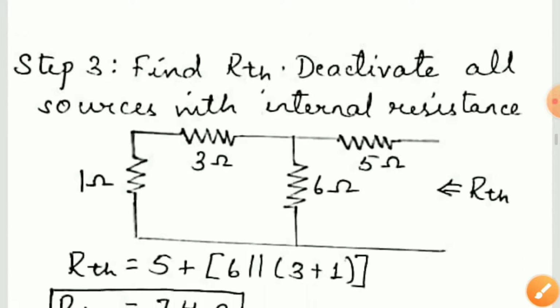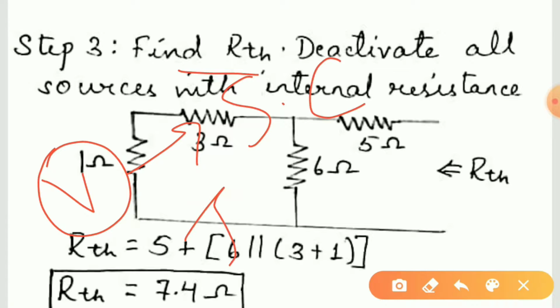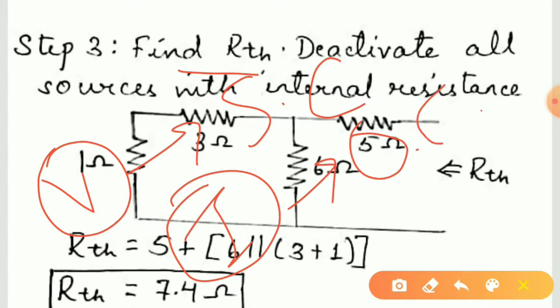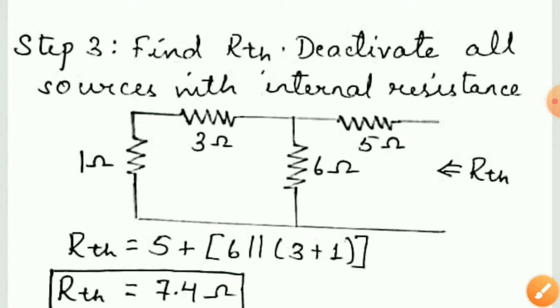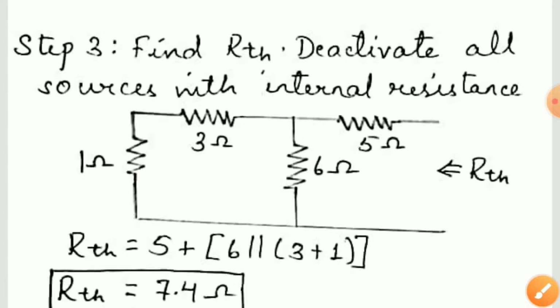Step 3 of Thevenin's theorem is to find Thevenin's resistance RTh, which can be obtained by replacing all the sources in the circuit with its internal resistance. That is, voltage source is short circuited while current source is open circuited. Voltage source of 40 volt is short circuited here, and the values of resistance are obtained by solving the circuit in series and parallel manner.